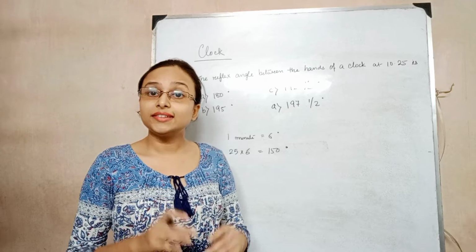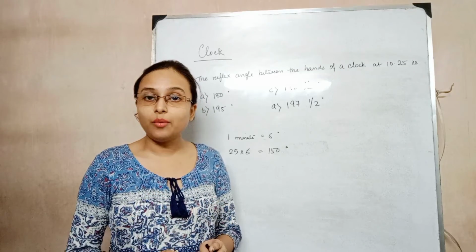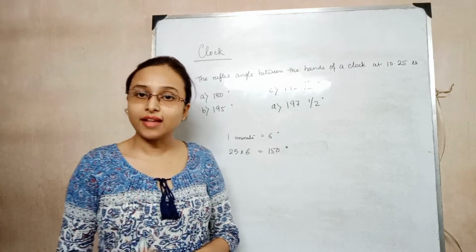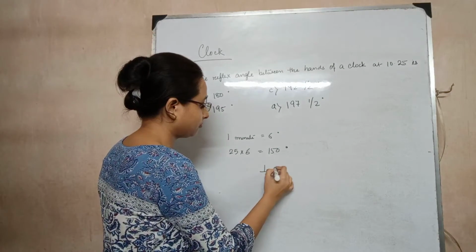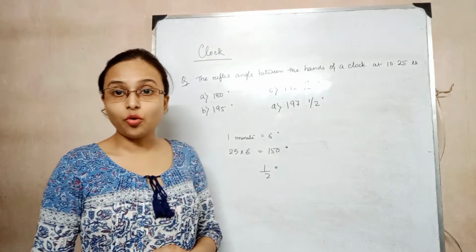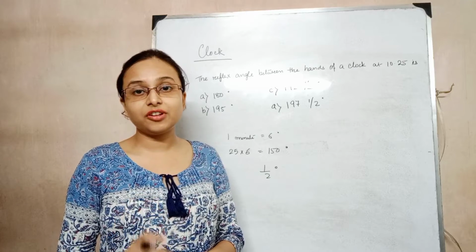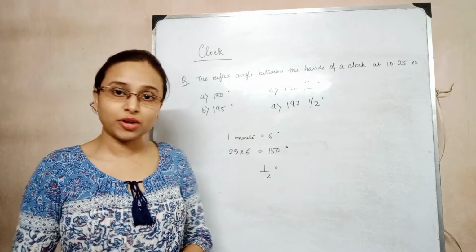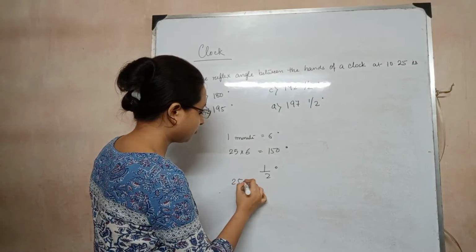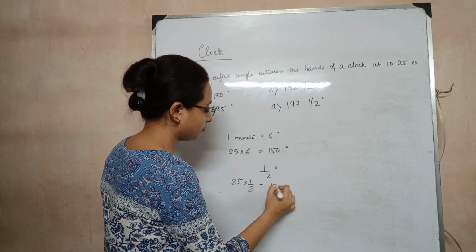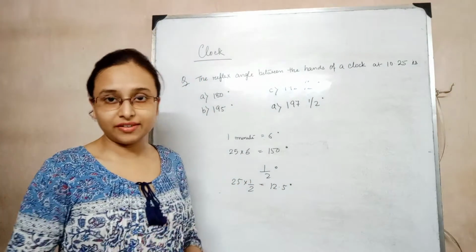Now, the distance covered by the hour hand in 1 minute is half degree. Therefore, in 25 minutes, it will be 25 into half, that is 12.5 degrees.